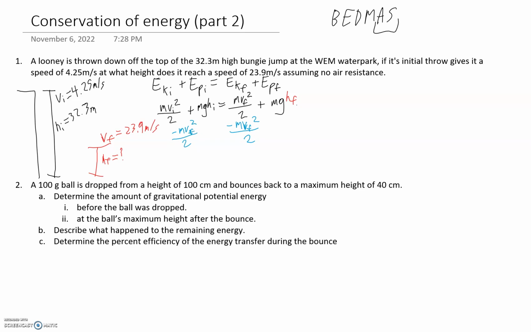All right, so what we're going to be left with is mvi squared over 2 minus mvf squared over 2 plus mghi equals mghf.